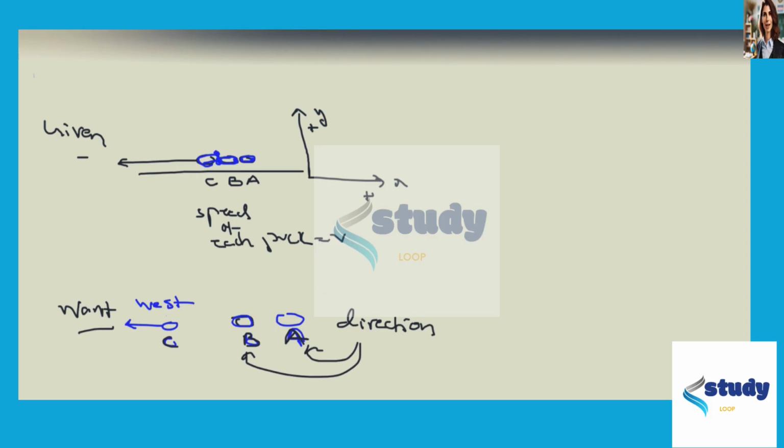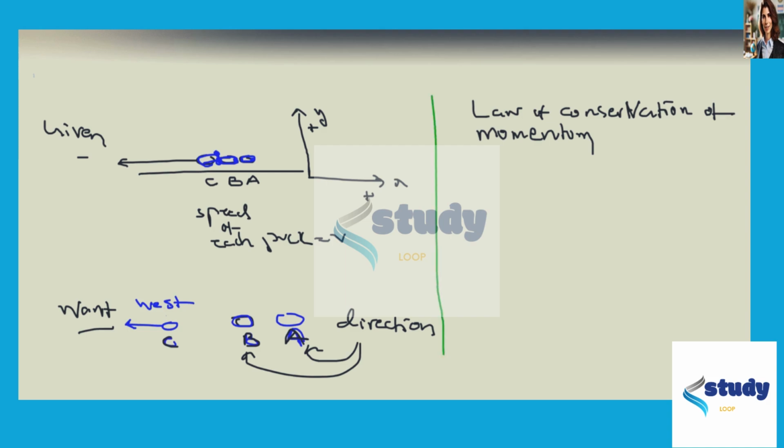So the first thing is to use the law of conservation of momentum, which says that the initial momentum is equal to the final momentum. So P initial equals P final. But remember, the pucks are not moving, so P initial is 0, and that's equal to P final.